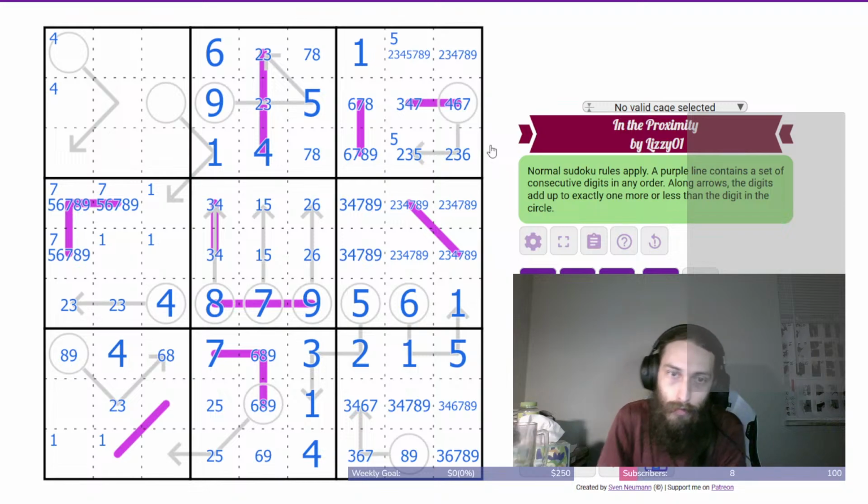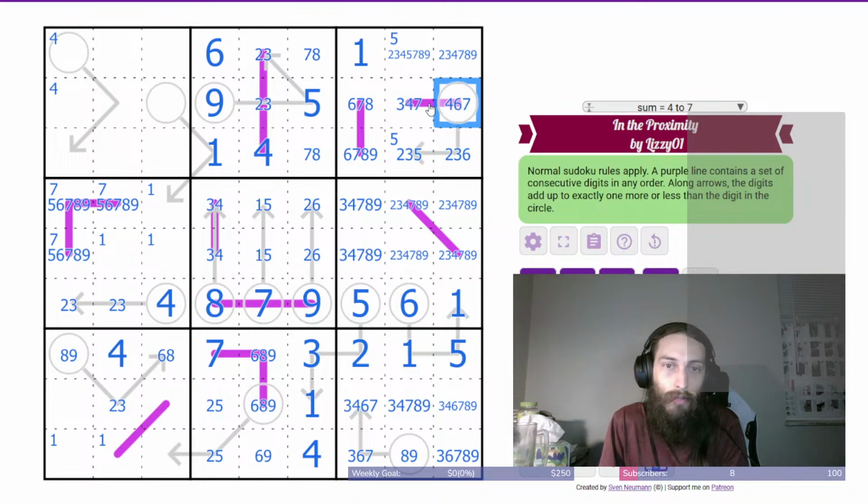Okay. Ah, but if the elbow on the arrow is a 6, it would have to pair with the 2 to make 8, making the circle a 7. Oh, nope, that would be 8, 9.